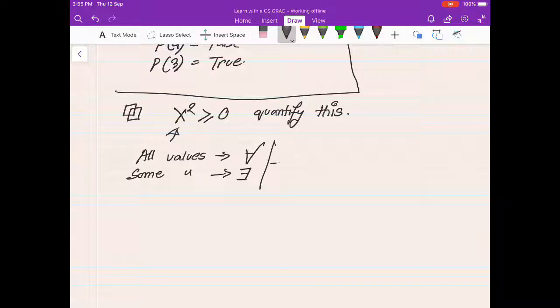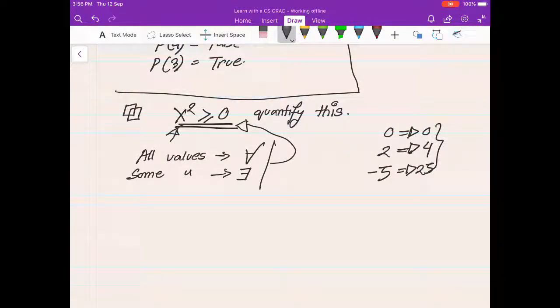In this case, what does it tell you? For all the values of x, it would be greater than or equal to 0, right? For 0 it would be 0, for 2 it would be 4. Anything that you put into it, even negative values, would always be greater than or equal to 0. So for all values of x, this situation would always be true.